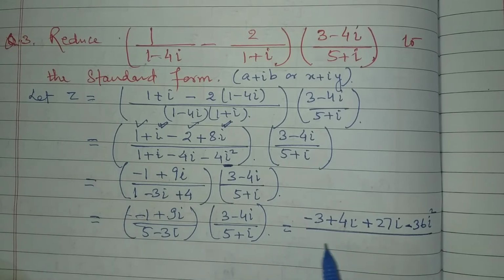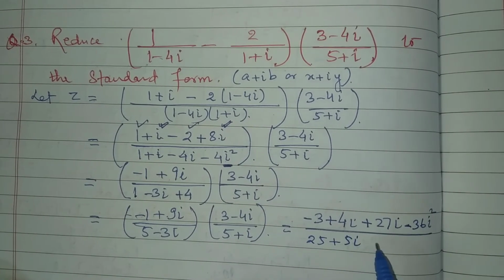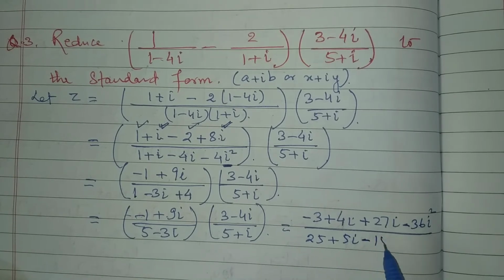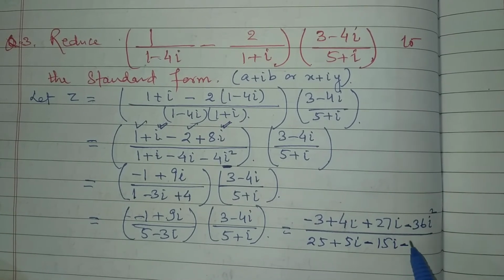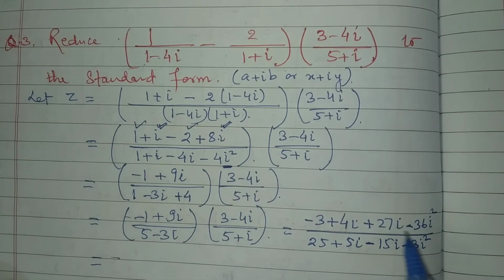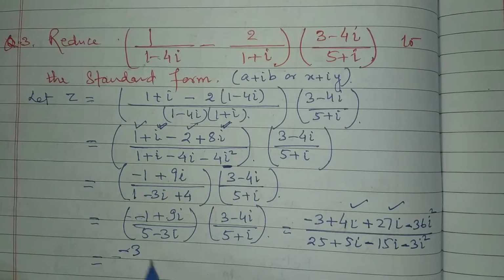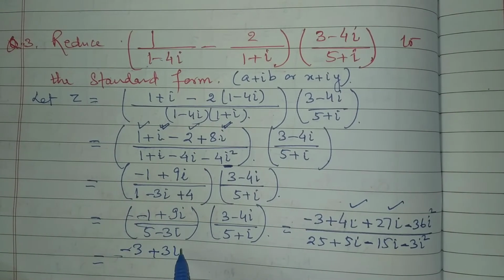So 5 into 5, 25. 5 into i, 5i, then minus 15i, then minus 3i square. Hope it is clear. So minus 3 and this is equal to plus 31i.